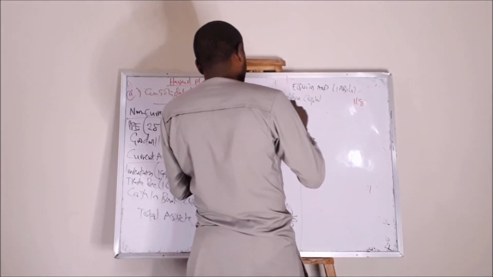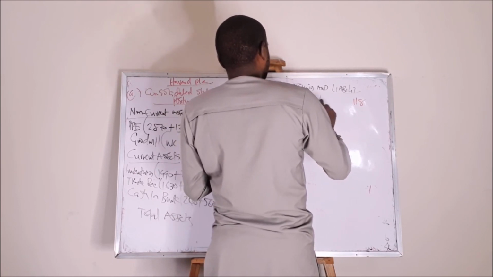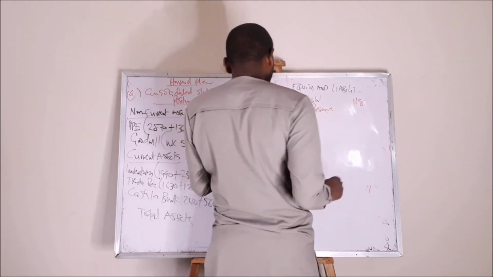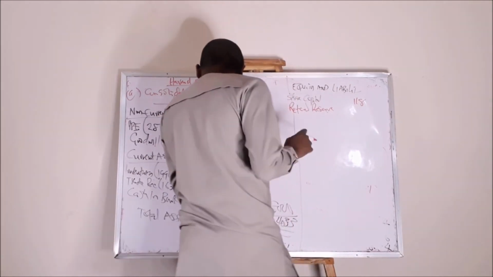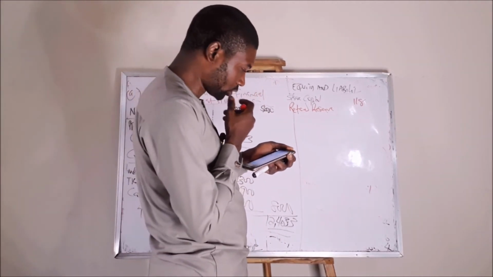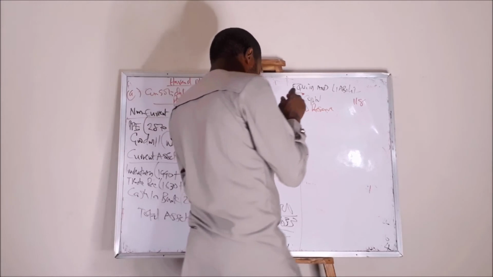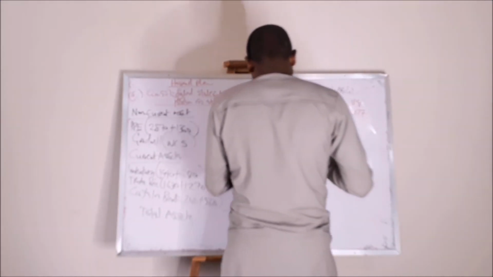Then of course, retained reserve. This is the last working for the group retained earnings. The retained reserve was giving us how much? It's giving us 117. Then our NCI.